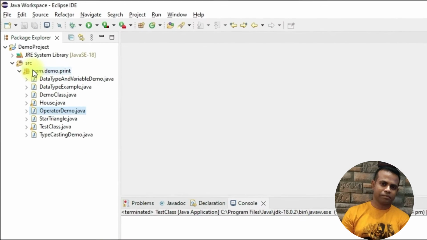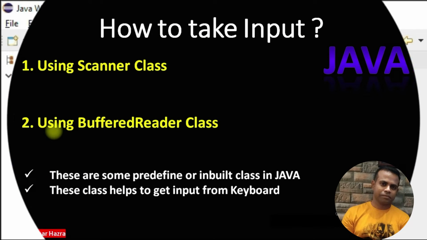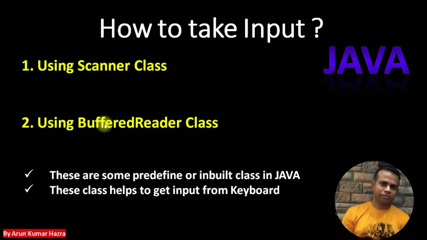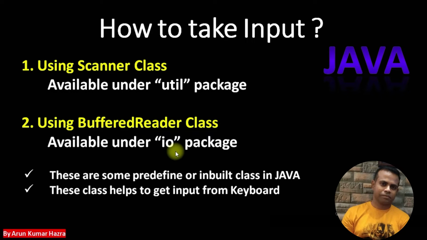Now, if you remember our last few classes, every class I created was under a package, com.demo.print. Under this package I created a number of classes. Similarly, the Scanner class and the BufferedReader class are predefined, inbuilt classes in Java, but they are also available under some packages. The Scanner class is available under the util package, and the BufferedReader class is available under the io package.